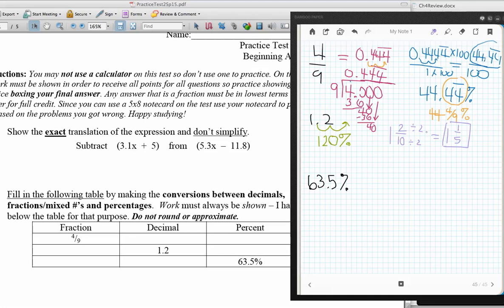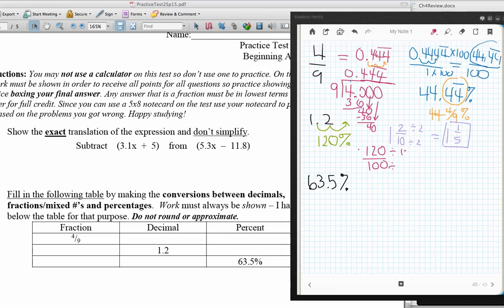Now another way that I could do that is I could say, well, this is 120, and that would be 100ths, right? Because a percentage is a part of 100. And then I could say, oh, I know these are both divisible by 10 because they have a 0 at the end.